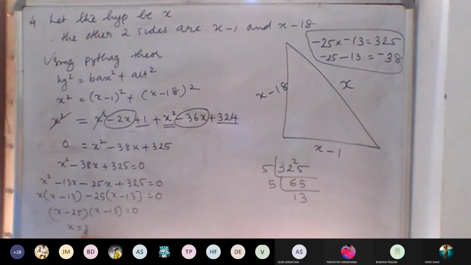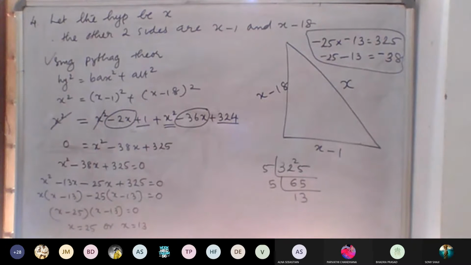That is, x is equal to 25 or x is equal to positive 13. So both are positive values, so we have to take both positive values. If x is equal to 25, x is equal to 13, what will be x minus 18?